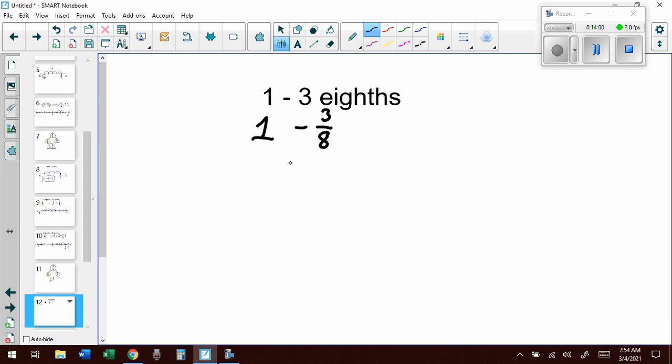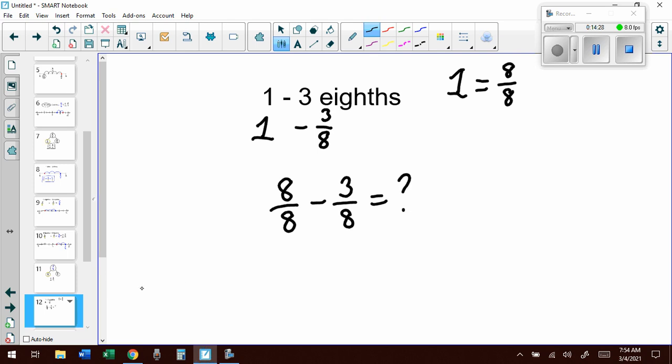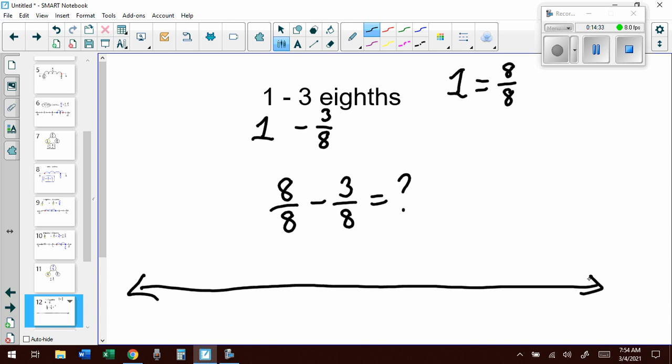We need to ask ourselves, how many eighths is equivalent to 1? 1, in this case, equals 8/8. So now we can write this as 8/8 minus 3/8 equals what?